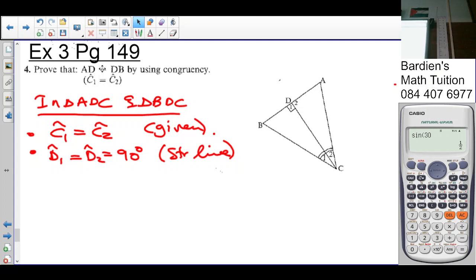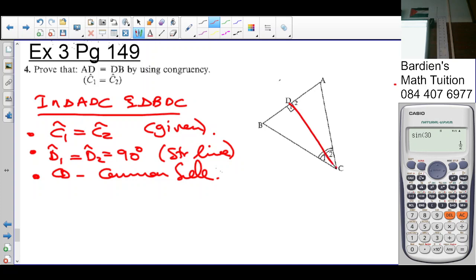It's a side, CD. CD is a common side. It is in both triangles. So therefore, triangle ADC is congruent to triangle BDC.